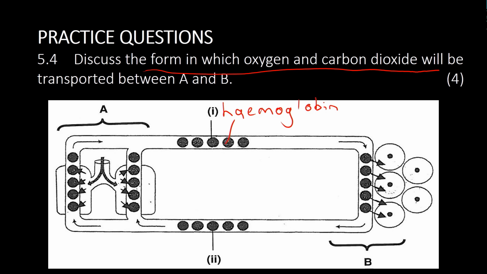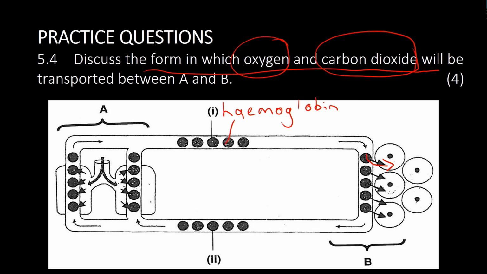The oxyhemoglobin then, as it goes past the cells, the oxygen leaves the oxyhemoglobin and goes into the cells. So that's oxygen.